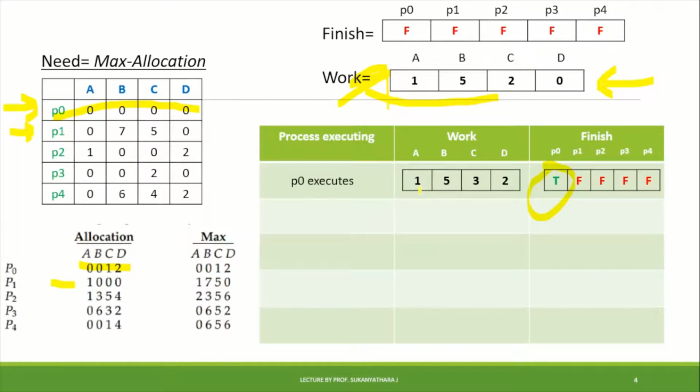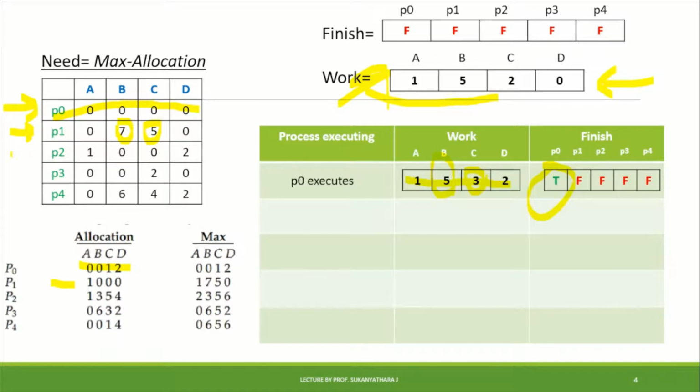The free resources in the system are 1532. No, because for resource type B, P1 needs 7 instances, but we have just 5 instances now. And for resource type C, P1 needs 5 instances, but we have just 3 instances at present. So the operating system will tell P1 to wait.